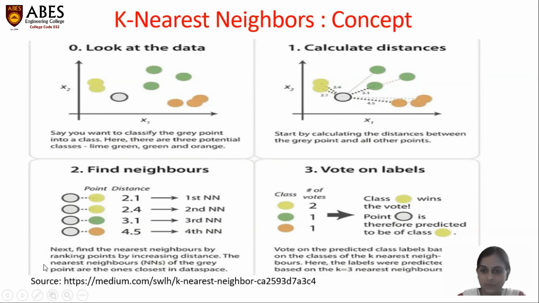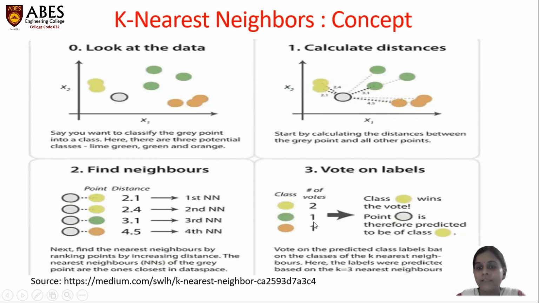After this arrangement, we will vote on the predicted class label. That means we will count the number of nearest neighbors and categorize them into their classes. Here we can see the two data points nearest to the gray data point belong to the yellow class. So the class is yellow and the number of votes is 2.